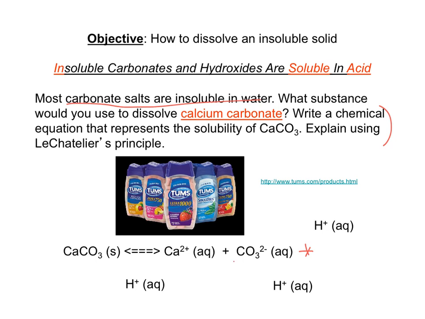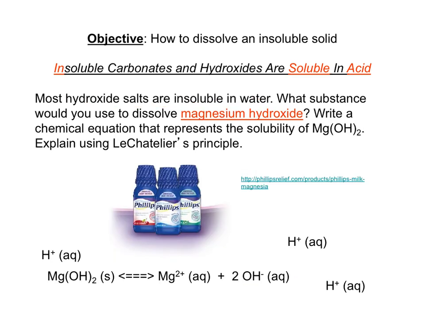The carbonate part of calcium carbonate is the base. The base reacts with an acid H+. It'll remove the carbonate, which is the product, and that shifts the reaction toward the product side and dissolves calcium carbonate.